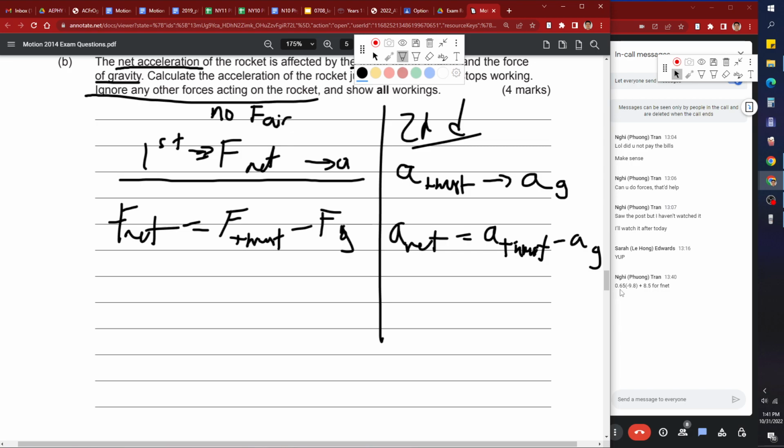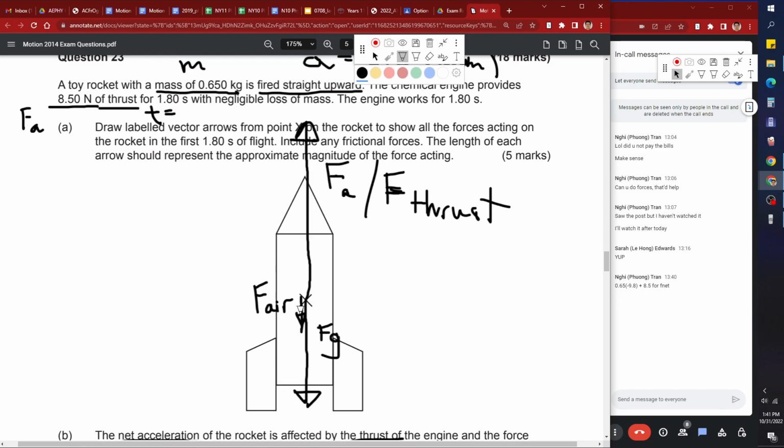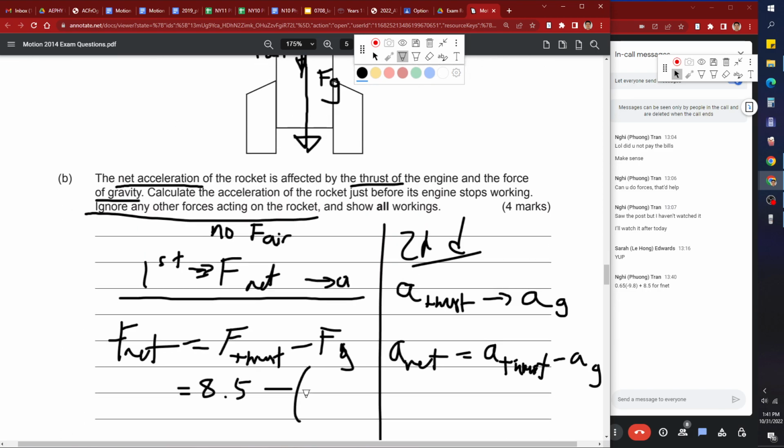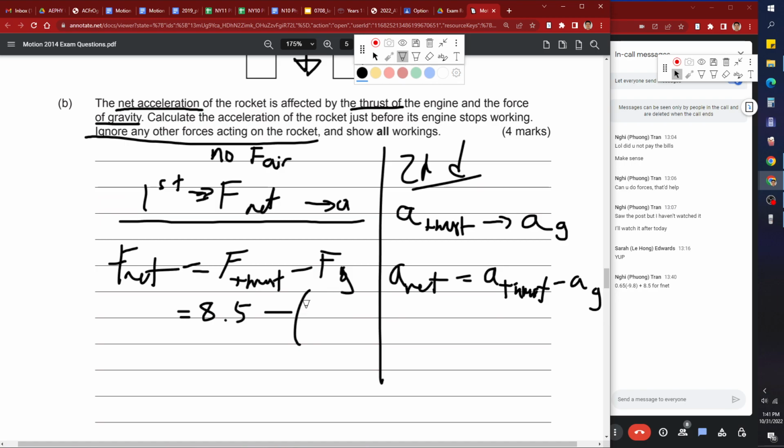That's what she has here for the negative. So we got 8.5 minus, it's in here. Why is it minus? Because the thrust is up and gravity, weight force, is down. So 0.65 times 9.8. You could make this negative. Yes, you could add those two together, but this would be negative.